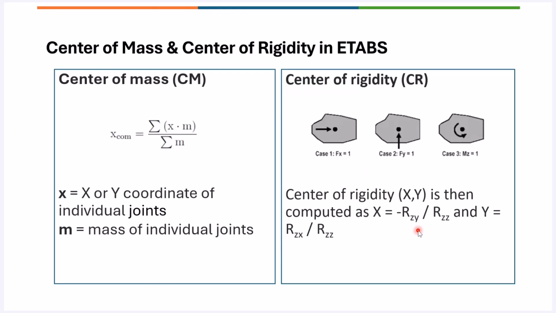And then the center of rigidity is obtained by applying unit force in X and Y and a rotation in MZ, that is about the vertical axis. Then you will get the center of rigidity coordinates. Center of mass for X is shown, Y is also similar. That way you obtain this.